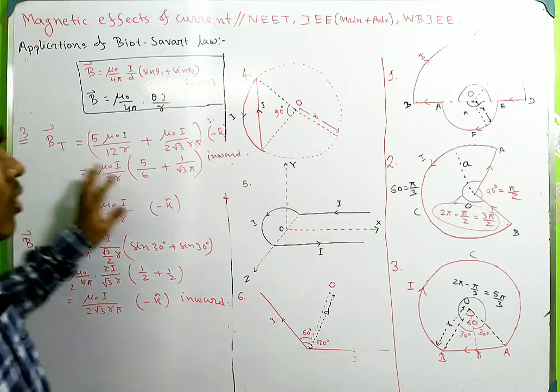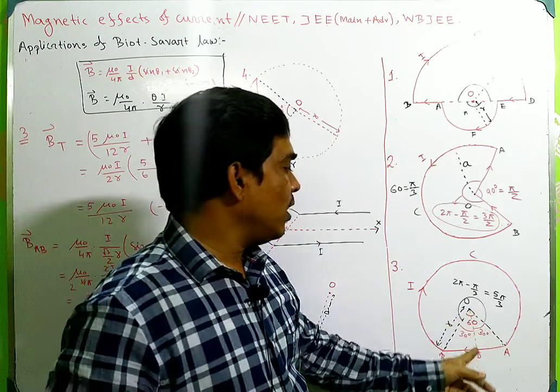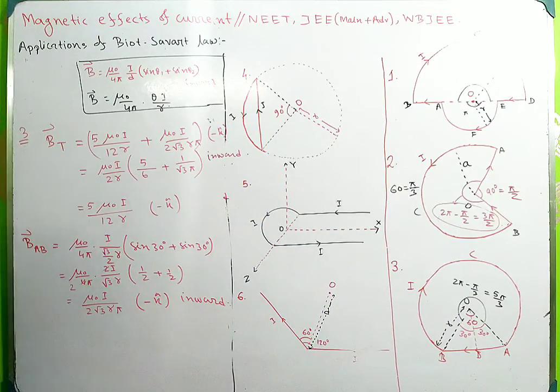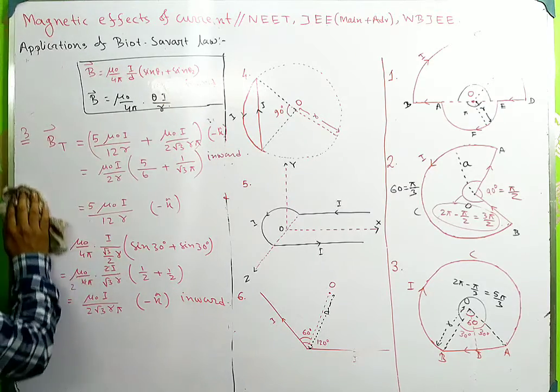So this is the total magnetic field at point O for this portion of the current carrying wire. So this is the solving of problem number 3. Now I will solve the problem number 4.